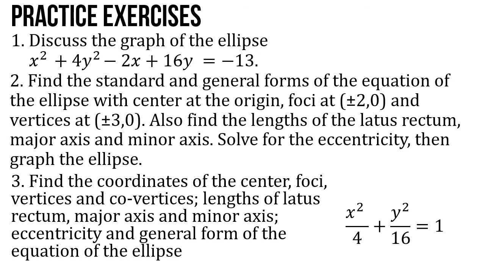And then for number 3, find the coordinates of the center, foci, vertices, and co-vertices, lengths of latus rectum, major axis and minor axis, eccentricity, and general form of the equation of the ellipse. The equation is given in standard form, which is x squared over 4 plus y squared over 16 equals 1.